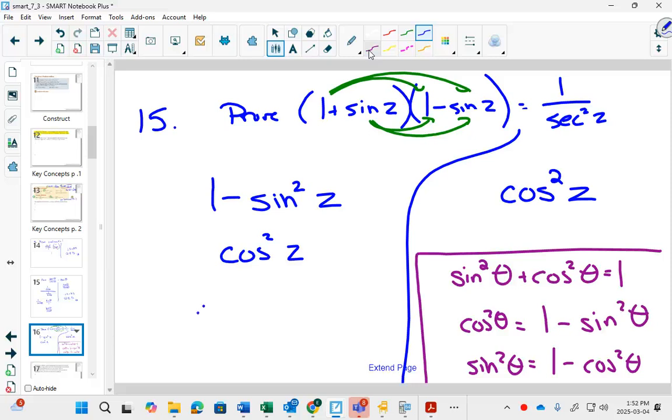Then they match up, so we could write our statement. Left side equals right side. And our proof is done. But only one mental math step. Multiple mental math steps not allowed.